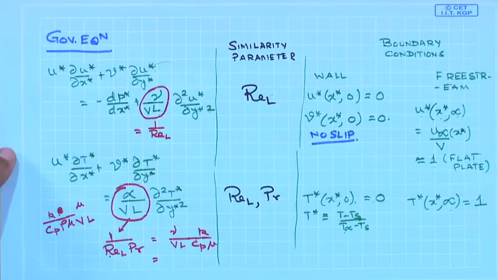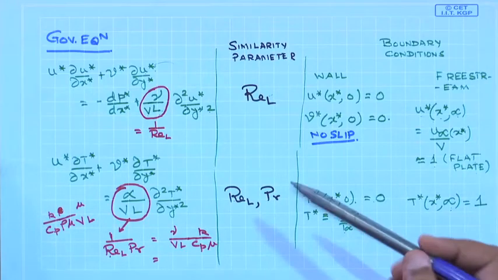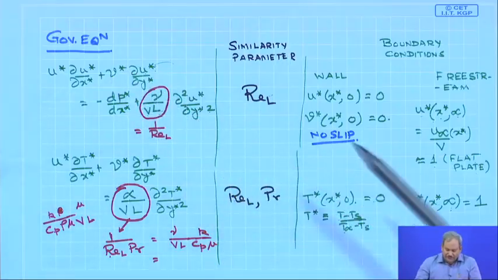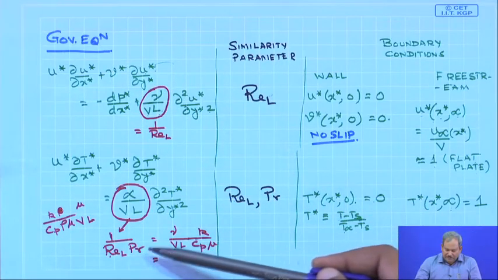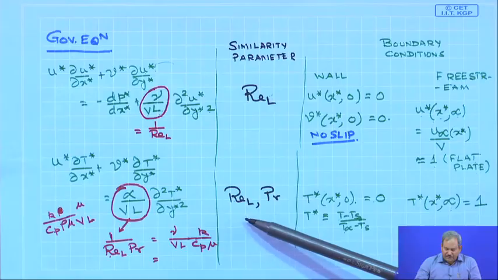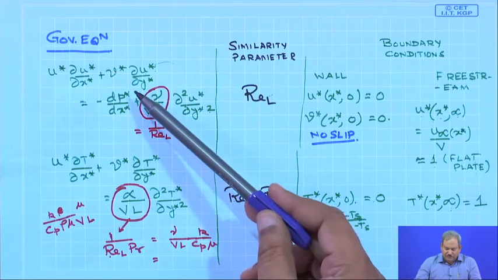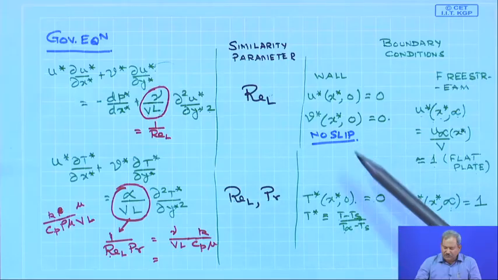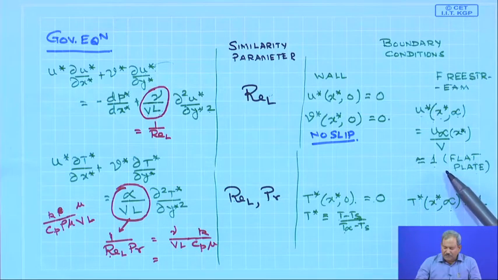So, let us look at this slide, which was the last slide of the previous class, where I have identified the governing equations and the similarity parameters, Reynolds number and Reynolds and Prandtl number. This is for momentum, this is for energy, and these are the boundary conditions using no slip and a point far from the flat plate: the velocity condition, the temperature at y equals 0 and the temperature at y equals infinity.